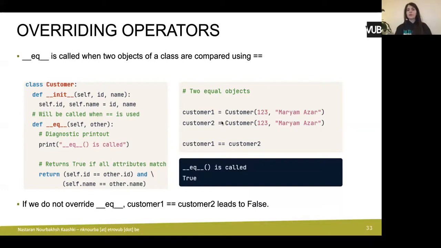So I'm creating two instances from the Customer class, and if I compare them, first it will show this message, and since all of the members are similar to each other, it returns True. If we do not override __eq__, this command leads to False because it doesn't have this implementation. So if you want your classes to be comparable to each other, you should override __eq__ yourself.